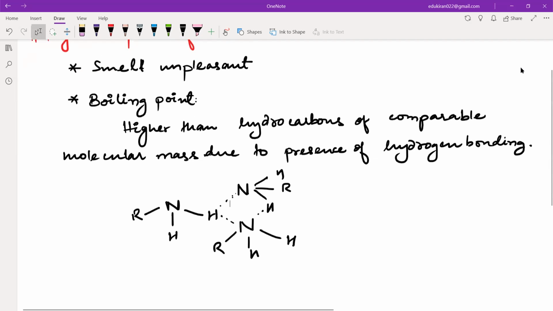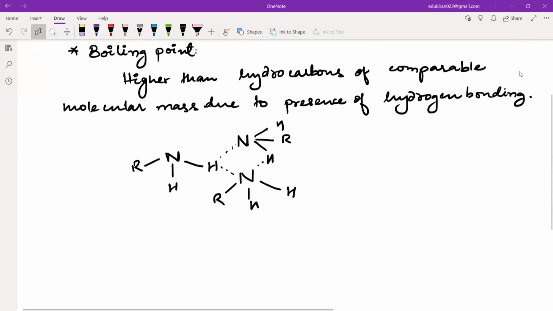Now, as you can see, if you have more hydrogen atoms, then more hydrogen bonds will be formed. So primary amines, which have two hydrogens, will have the highest boiling point, followed by secondary, and then the lowest will be tertiary. Presence of hydrogen bonding.